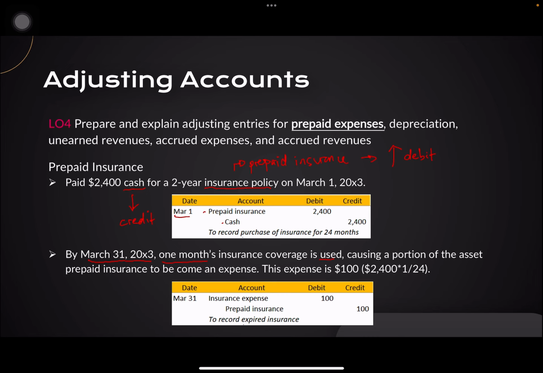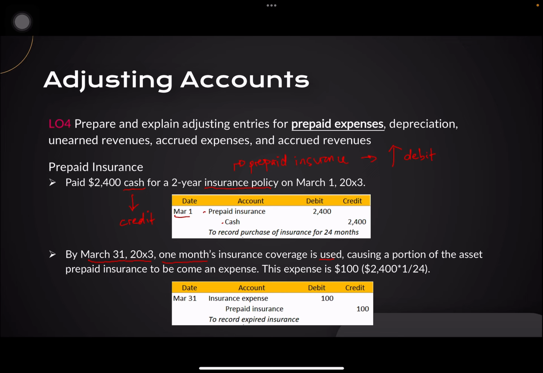You might be wondering, why do we need to get the expired portion or the expense amount of our prepaid insurance? Because when we are preparing our trial balance, we need to prepare adjusting entries to properly represent the true amount of our financial statements.